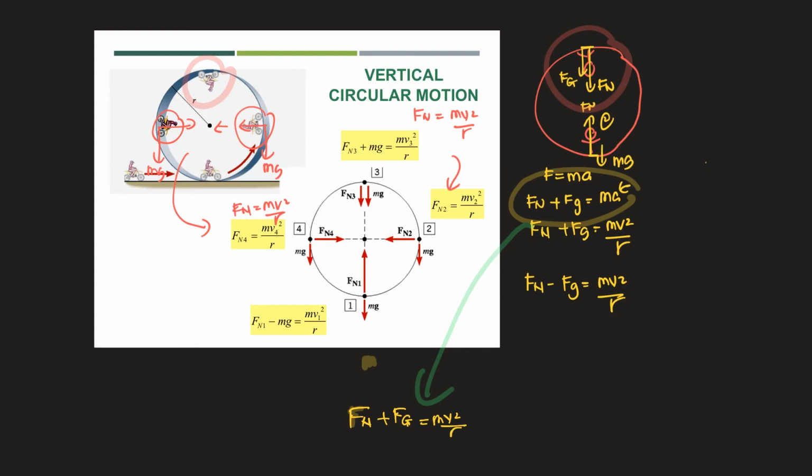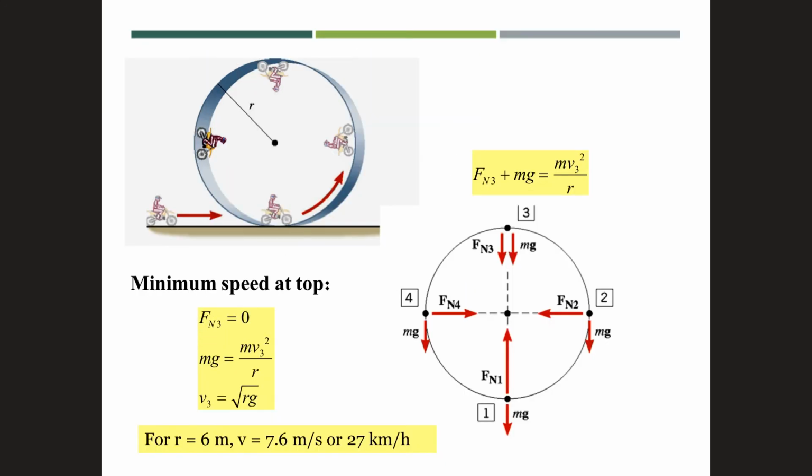Okay, but when the question states minimum speed, which is the minimum value, you need to put your normal force as 0, as if the object didn't touch the surface. This is the equation I mentioned for the minimum speed, where, as if you didn't touch the surface, your normal force is 0, and that's how you get the formula for minimum speed.